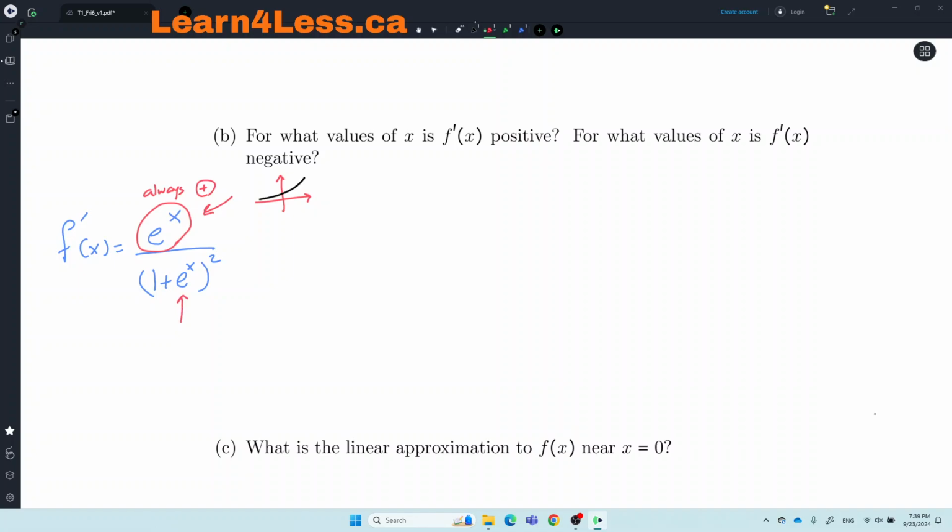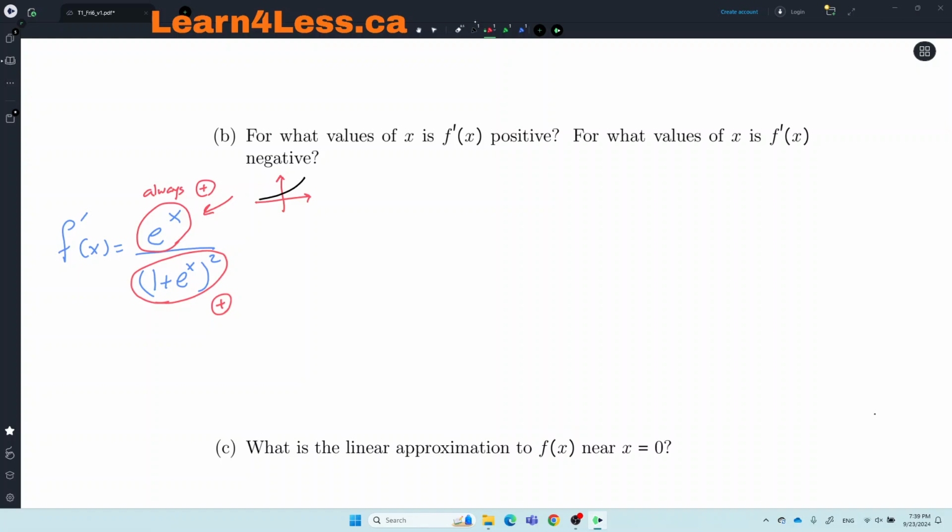Okay, how about the denominator? We have e to the x, which is always positive, plus the number 1, which is even more positive, and you are even squaring that, so definitely it's positive. The denominator is also positive. It doesn't matter for what x value. Any x value you put there, the numerator would be positive and the denominator would be positive, so the whole fraction would be positive.